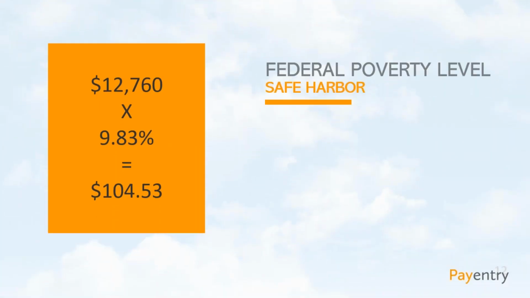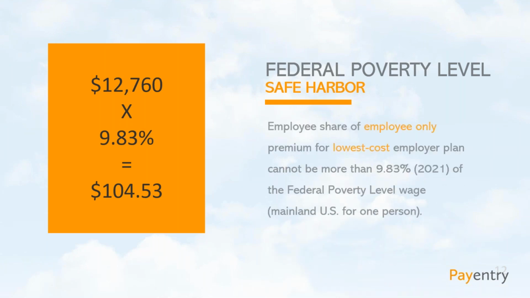First of all, the federal poverty level safe harbor is just what I mentioned before. The employee's deduction, or their share of employee-only premium for the lowest cost plan you have. Some companies do offer more than one plan, a base and a buy-up. So looking at your base plan, does that plan cost more than $104.53 if an employee wants employee-only coverage? It does not matter what they sign up for.